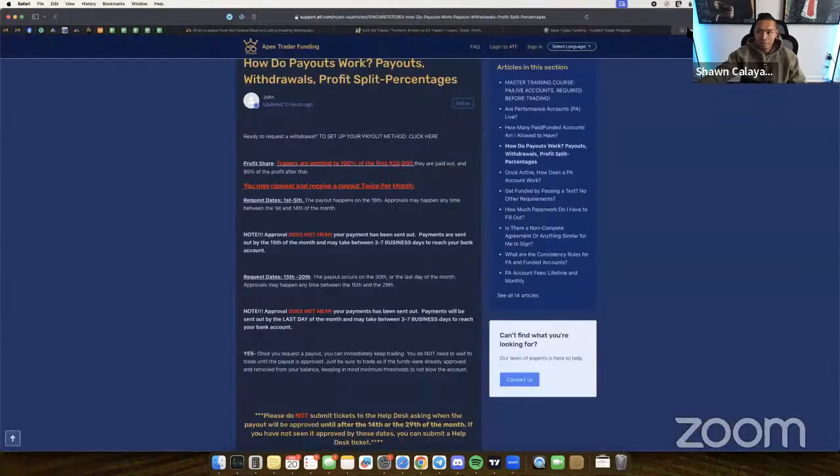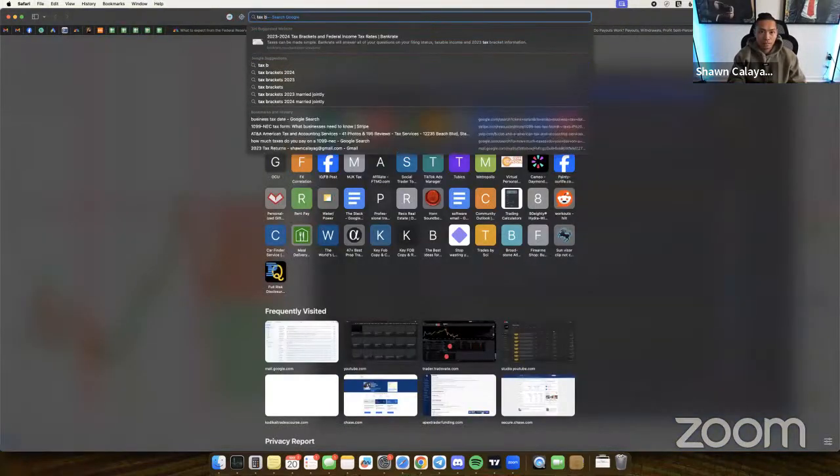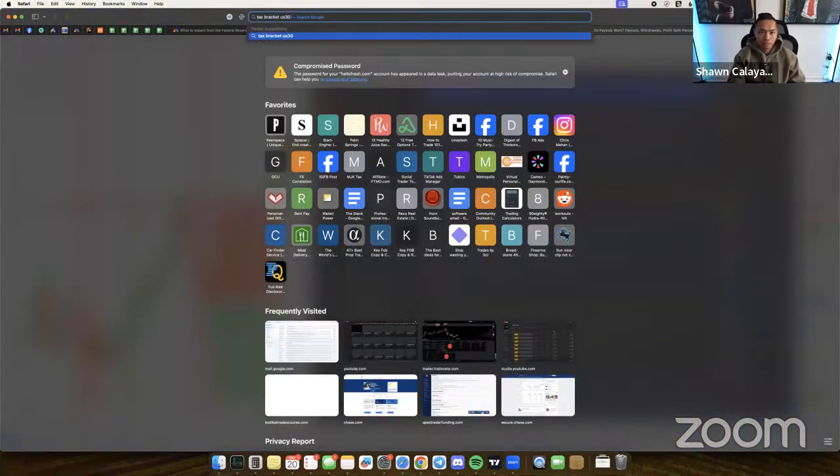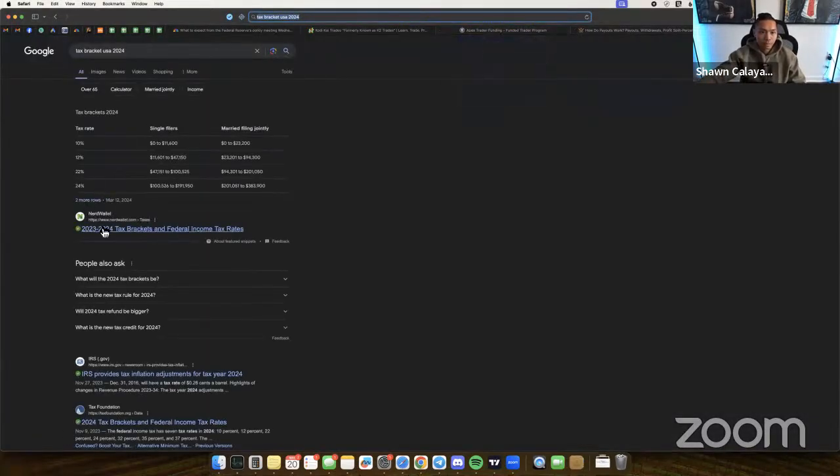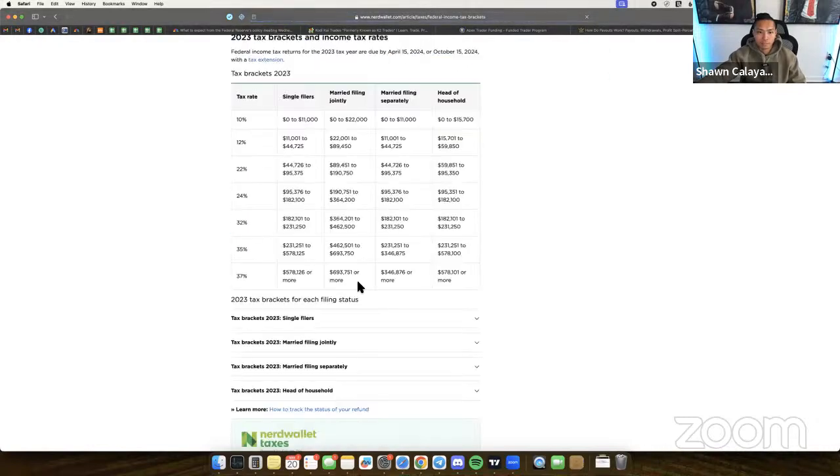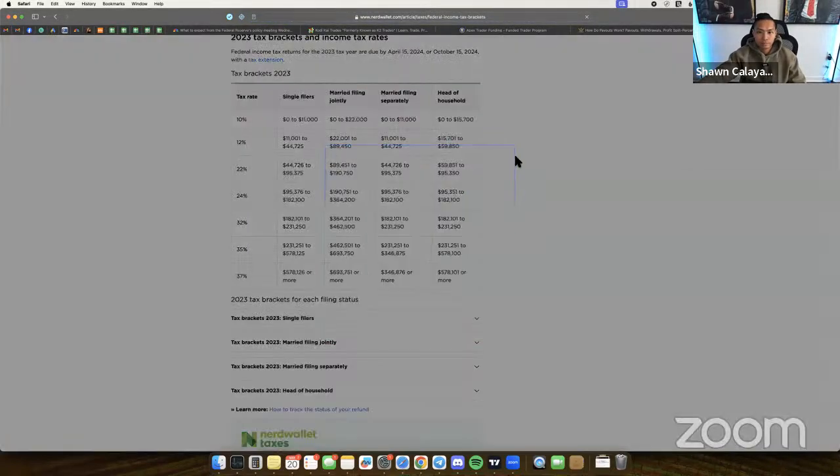If you want to look it up, you can Google here: tax bracket USA 2024. So you can see here it's very different, right?